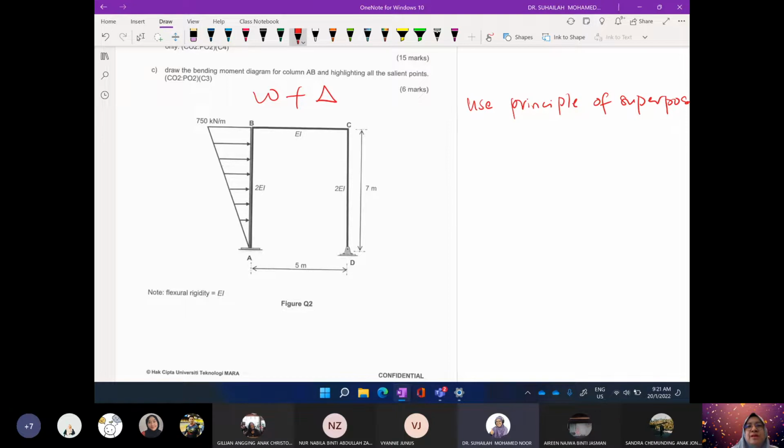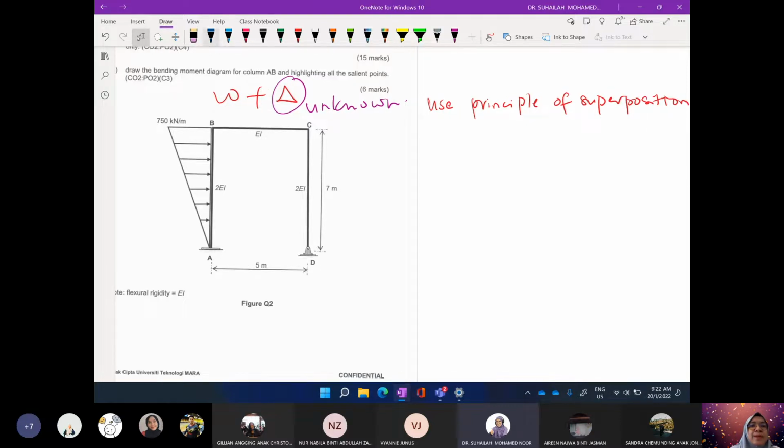W is loading, and delta is unknown. So we need to analyze this frame using two tables: one to calculate FEM due to W, and then FEM due to side sway. So there are two tables.